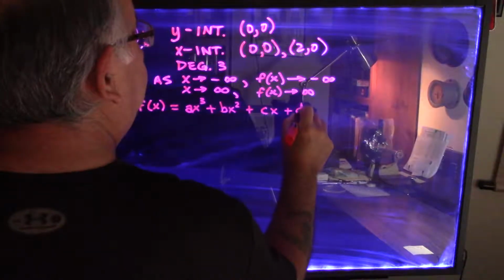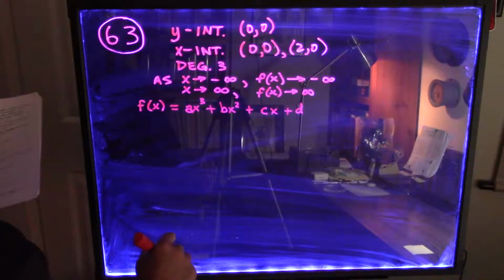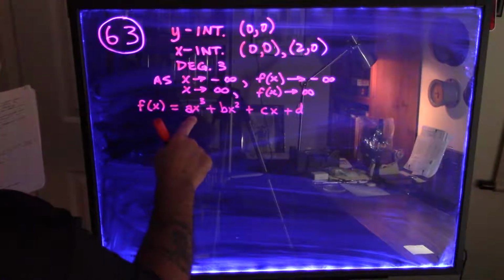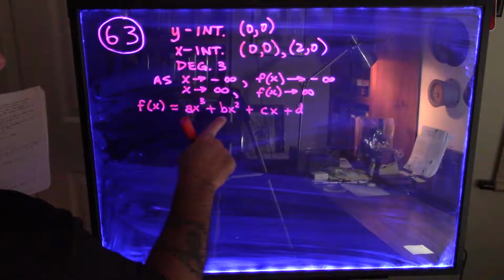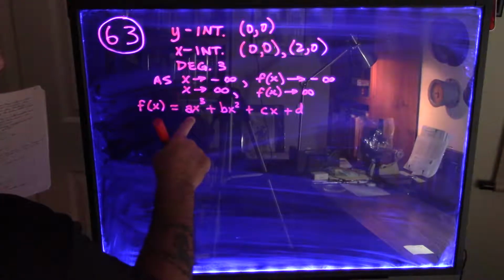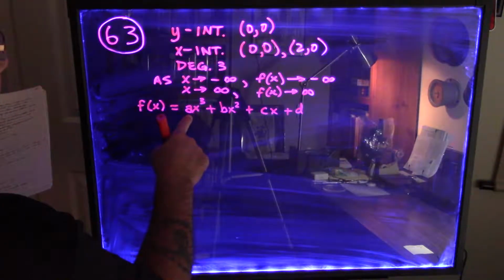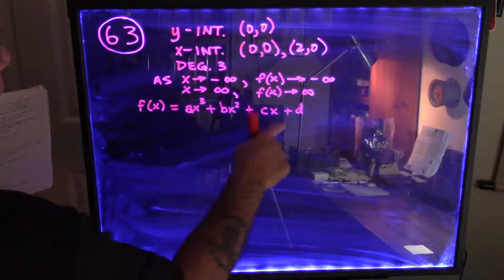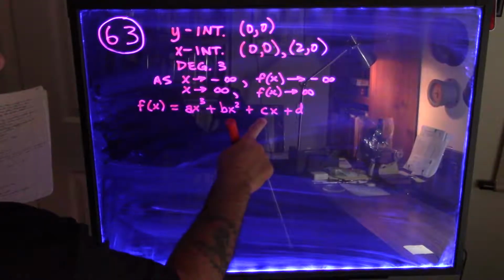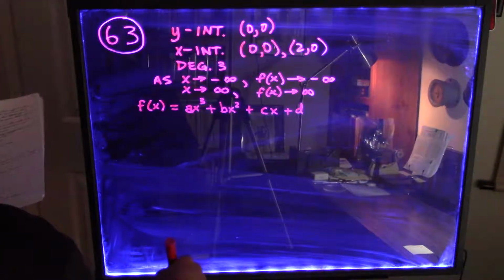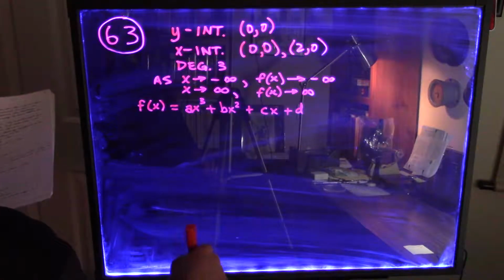If you use the general form given in most books, including our book, you could write a sub 3 x cubed and so on, but it gets a little bit cumbersome.